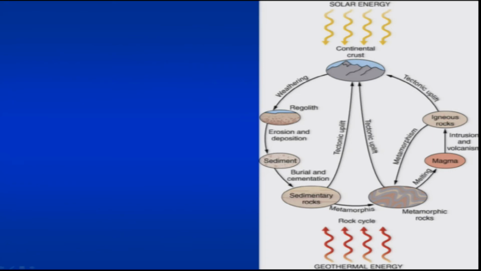Ongoing deformation results in uplift and the formation of mountains. Then there is a weathering process, because these rocks are exposed to solar radiation, rain, snow or different types of agents, and they are weathered, resulting in the formation of regolith or soil. Then through erosion and deposition of the sediments, and upon burial and solidification or cementation, they result in the formation of sedimentary rocks.